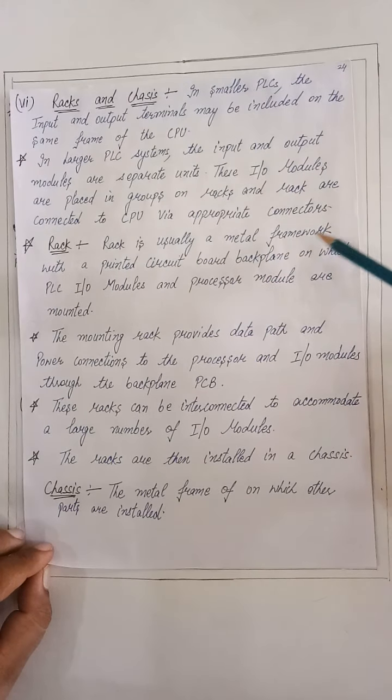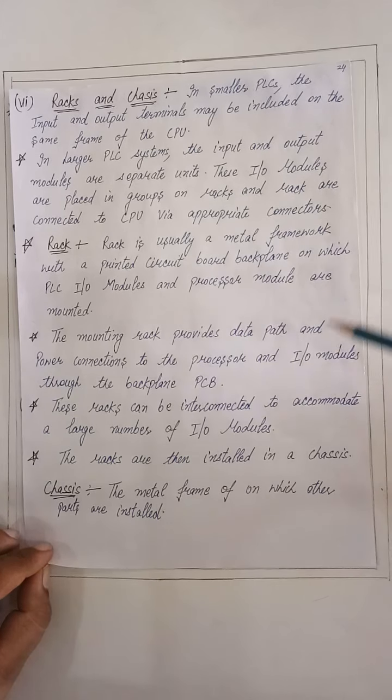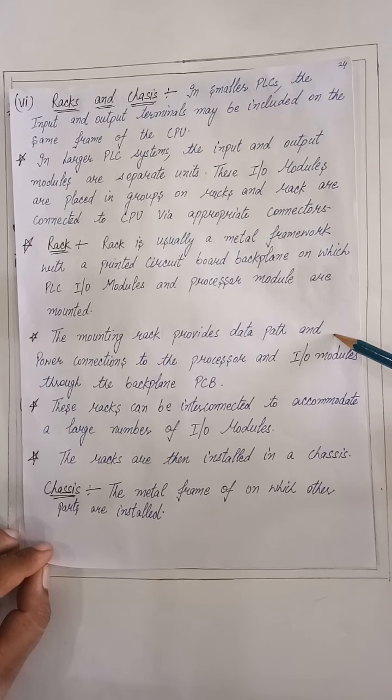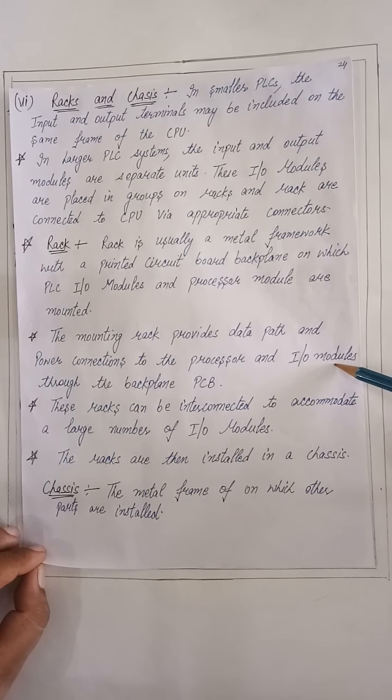A rack is usually a metal framework with a printed circuit board, the backplane, on which PLC input-output modules and processor modules are mounted. The mounting rack provides data path and power connections to the processor and input-output modules through the backplane PCB.